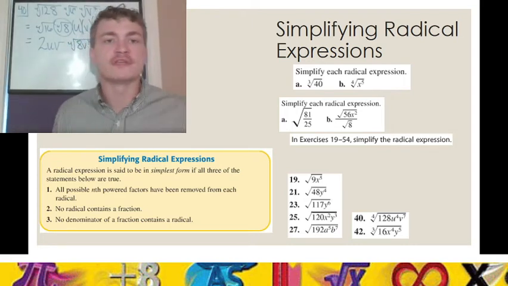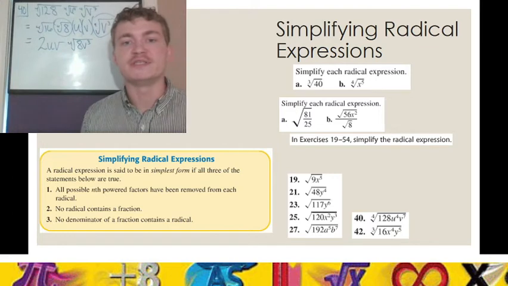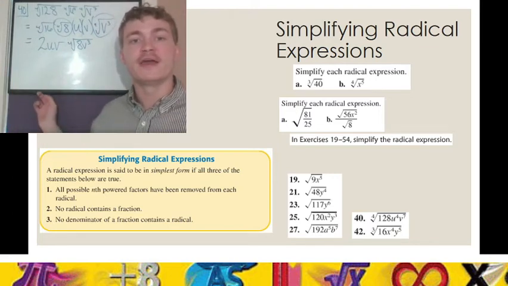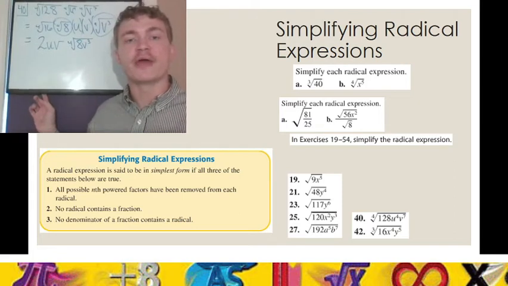Thus, for number 40, our simplified radical expression is 2 times u times v times the fourth root of 8v cubed, where 8v cubed is our new radicand for our radical.